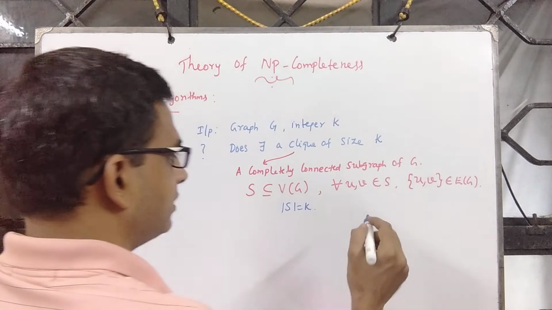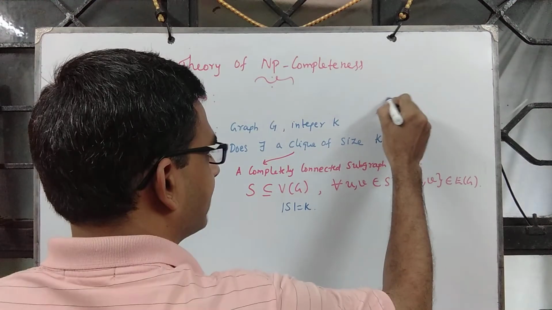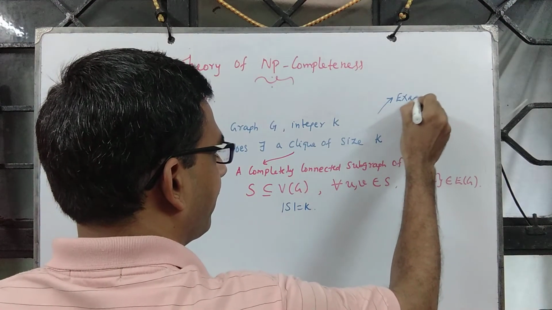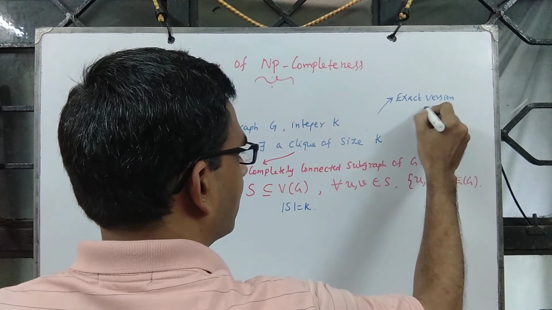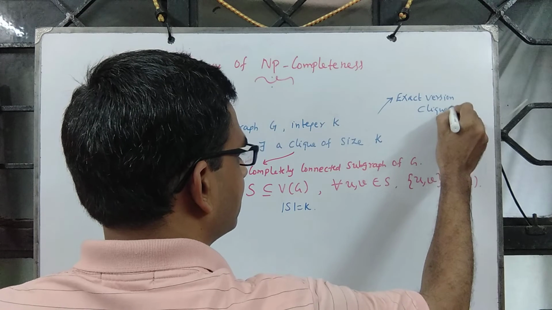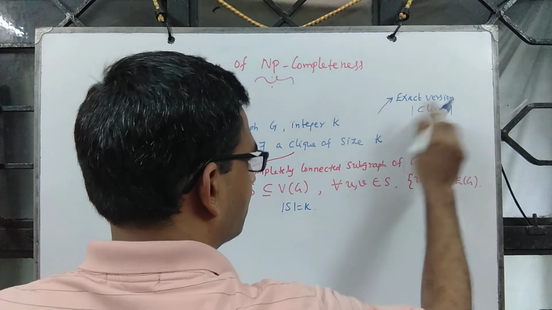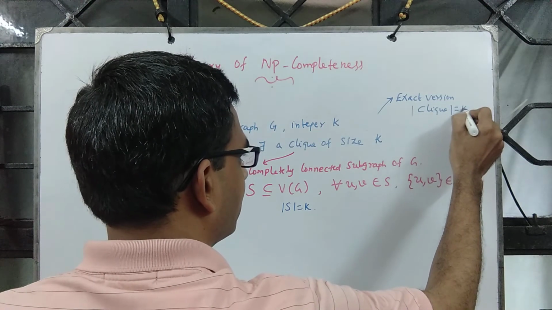And there are two versions. One is the exact version, wherein you ask for a clique of size K. Suppose a clique is a set of vertices; we ask for a clique of exactly this size.